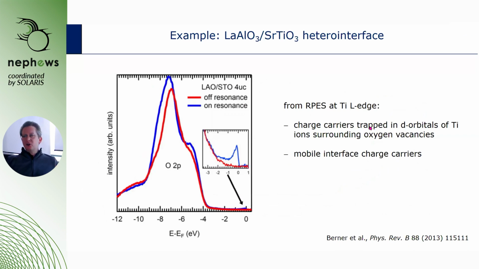When we measure on the titanium L edge, so we do resonant photoemission, we see a strong signal here as the blue curve, and that is the signature of charge carriers that are trapped in the d orbitals of the titanium ions, and the evidence is that we have mobile interface charge carriers. So only by the enhancement in resonant photoemission is it possible to see these states that exist, which are just not strong enough in emission when we do an off resonance measurement.